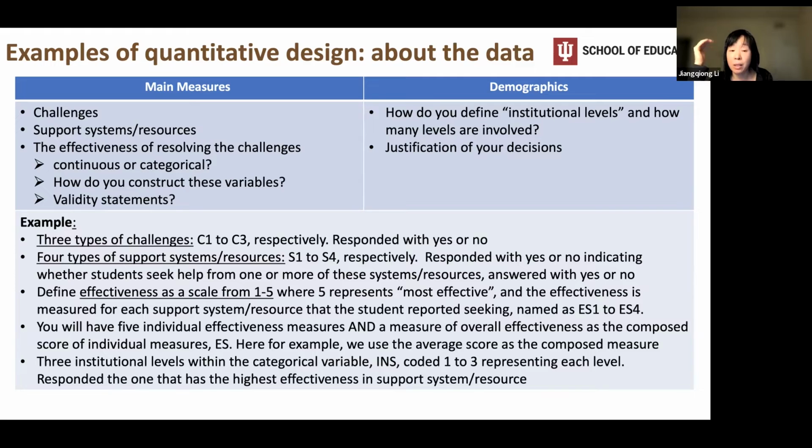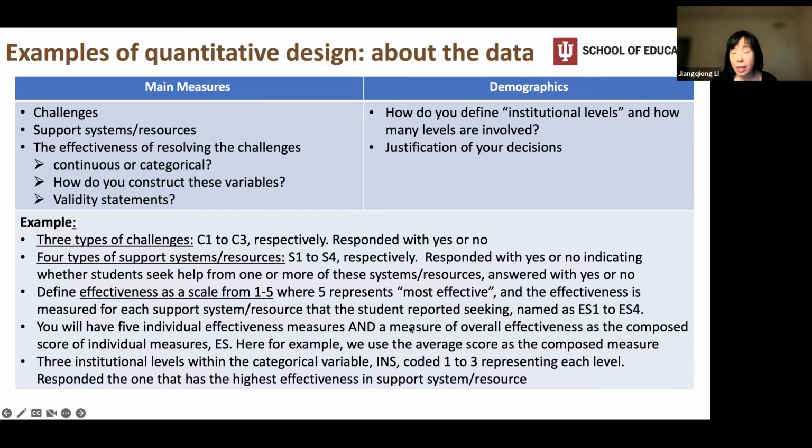That will be different because it will determine how wide your data is. Because you're either ending up with 4 measures of effectiveness, one for each support system, or you're ending up with 1 measure for all of the systems, right?